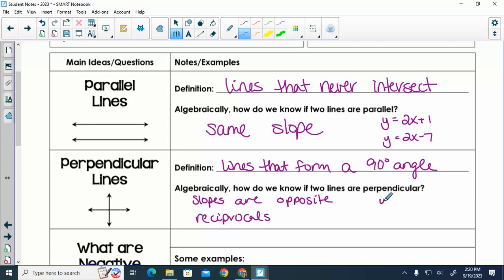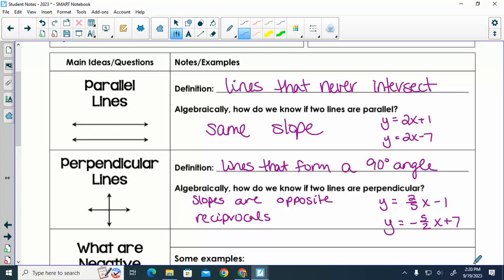So for instance, if I said y equals 2/5 x minus 1, the line perpendicular is the opposite sign, so it would be a negative, and reciprocal, so you flip that slope. So those two lines would be perpendicular. Their slopes are opposite signs and they are reciprocals. If you flip one, you get the other.